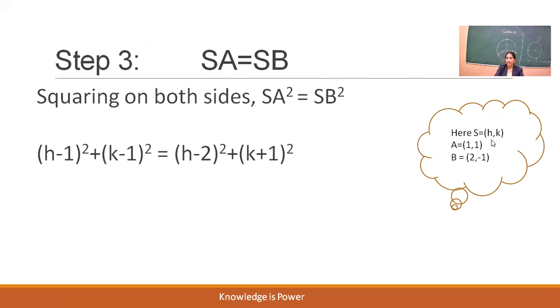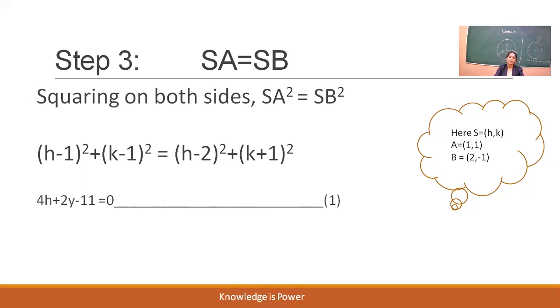S is h comma k and A is 1 comma 1. So h minus 1 whole square plus k minus 1 whole square is equal to SB square. S we have h comma k and B we have 2 comma minus 1. SB square is h minus 2 whole square plus k minus of minus 1 whole square, which is k plus 1 whole square. Just expand both the right hand side and left hand side using a minus b whole square and a plus b whole square formulas.